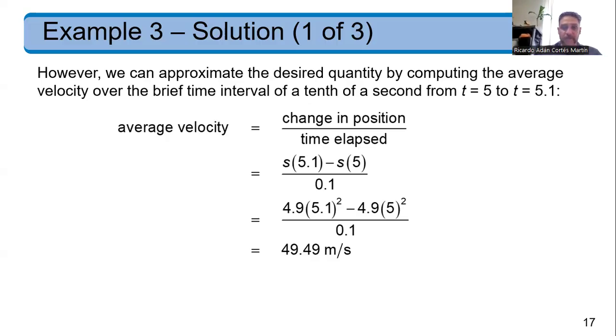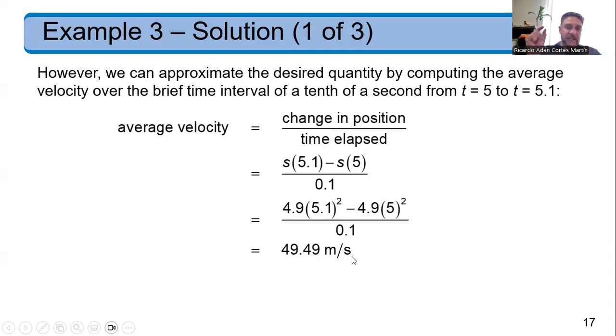Okay. So let's say that this is how it moves. Well, here we use a physics formula with the square of the time. 4.9 is related to the gravitational acceleration divided by 2, and we get this speed.